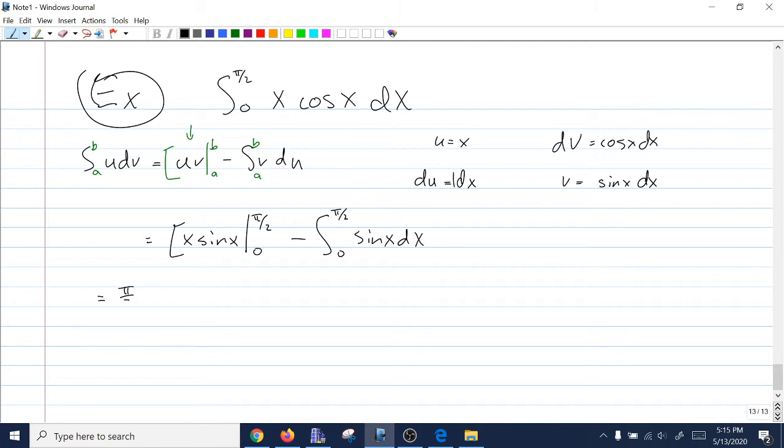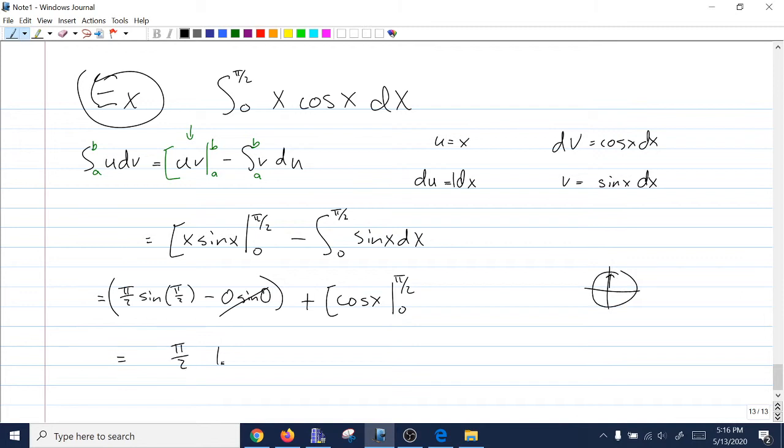This is pi over 2 sine pi over 2 minus 0 sine 0, which is 0, minus the integral of sine, which is negative cosine, evaluated from 0 to pi over 2. Sine pi over 2 is 1, so this is pi over 2. Plus cosine pi over 2, which is 0, minus cosine 0, which is 1. So this is pi over 2 minus 1.